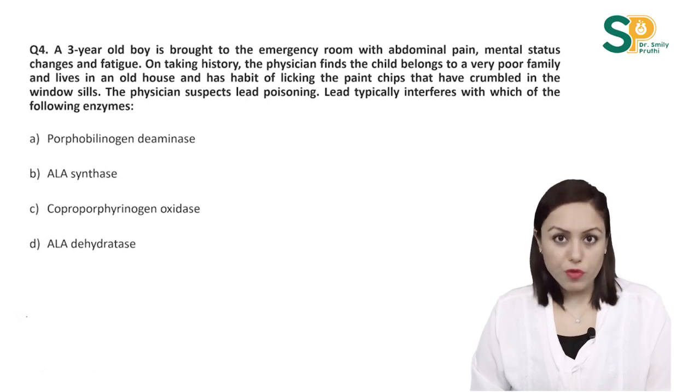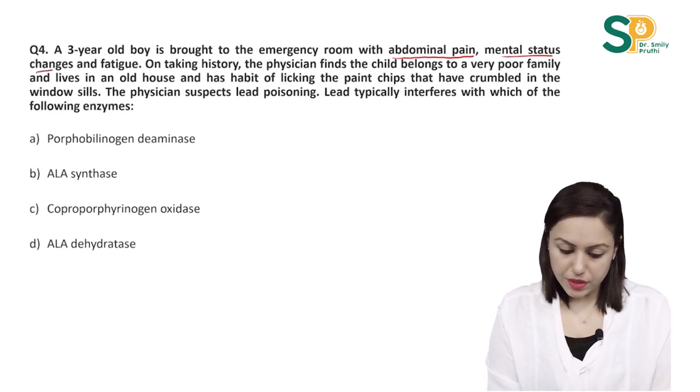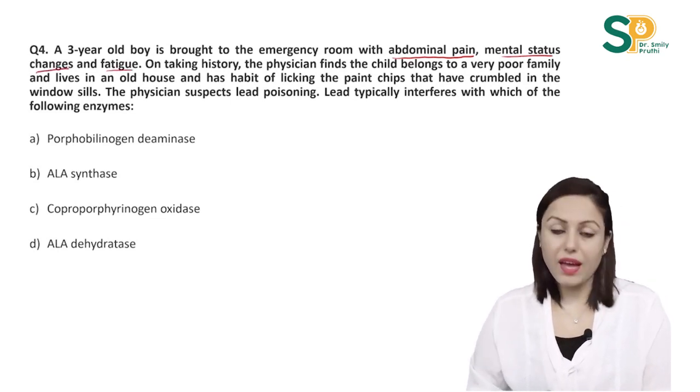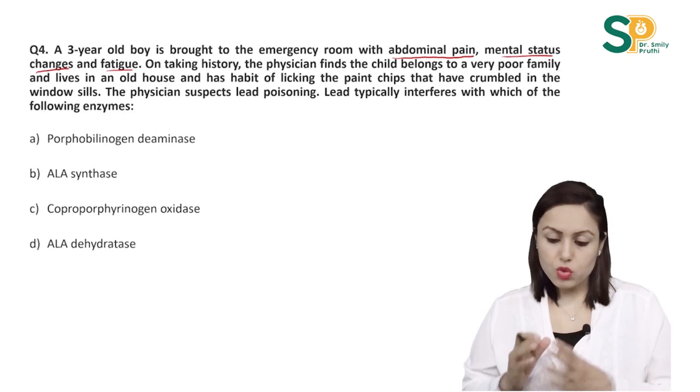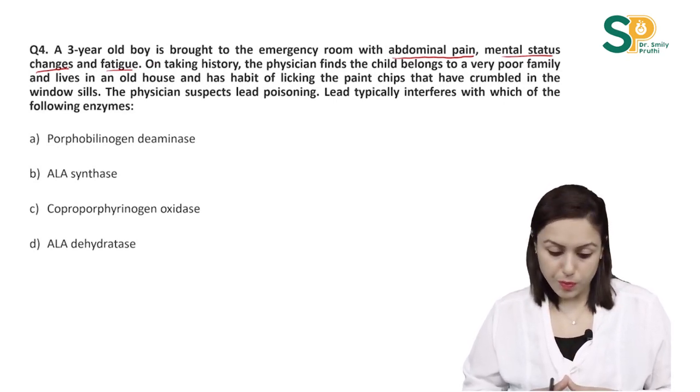Then coming to question number 4, a 3-year-old boy is brought to the emergency room with abdominal pain. Mental status changes. So, there is little mental status changes, fatigue and abdominal pain. So much of abdominal pain that the child is rushed to the emergency room.